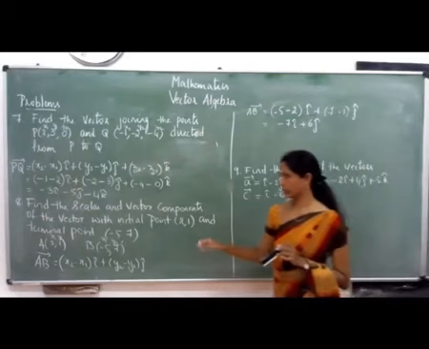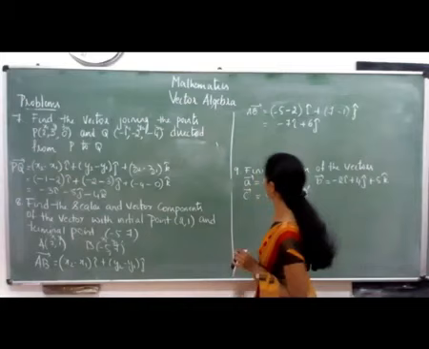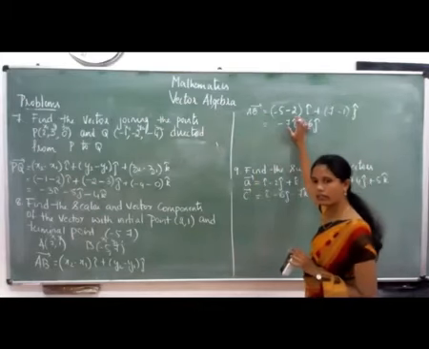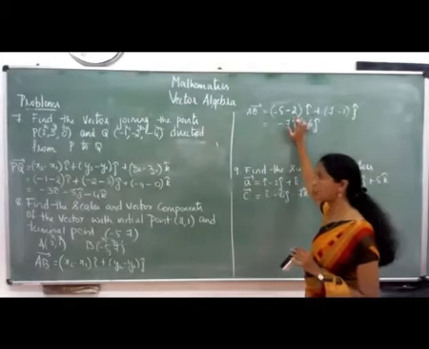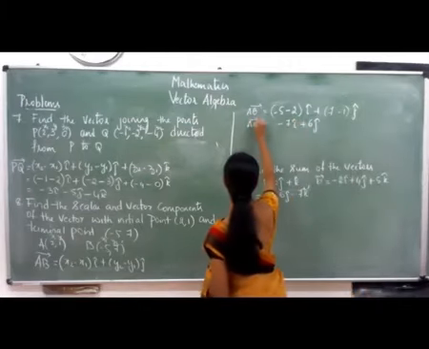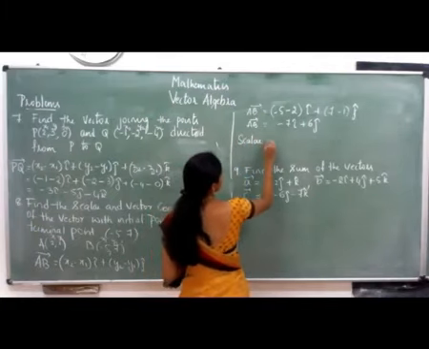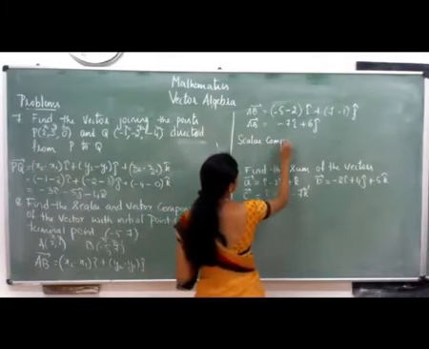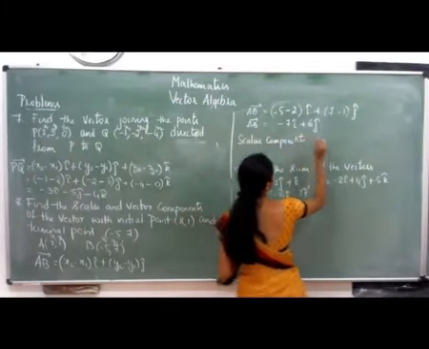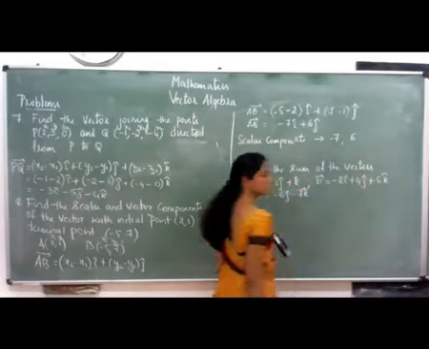Okay, but they have asked to find its scalar and vector components. So you have a vector in this form, and this is called the component form of the vector. From this component form, what are the scalar components? Scalar components are -7 and 6.